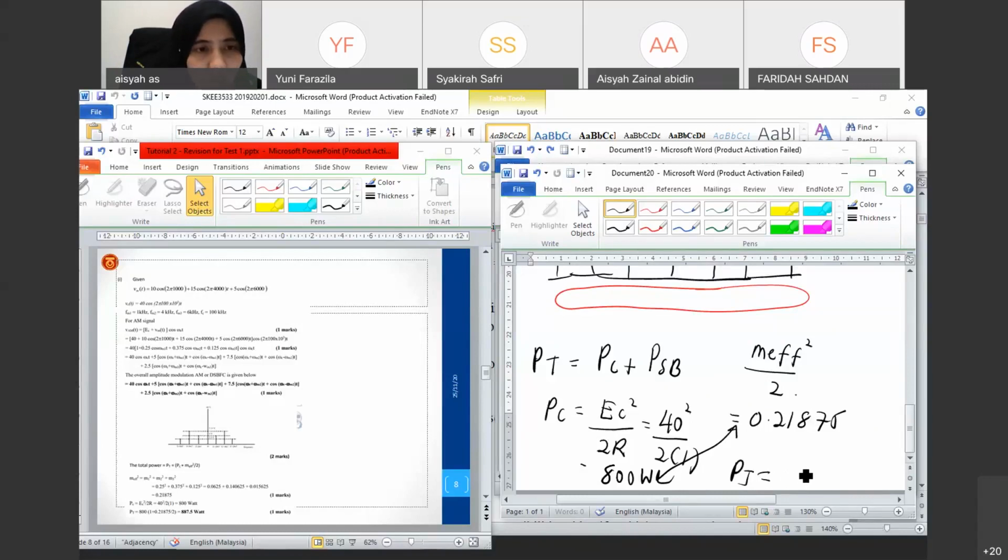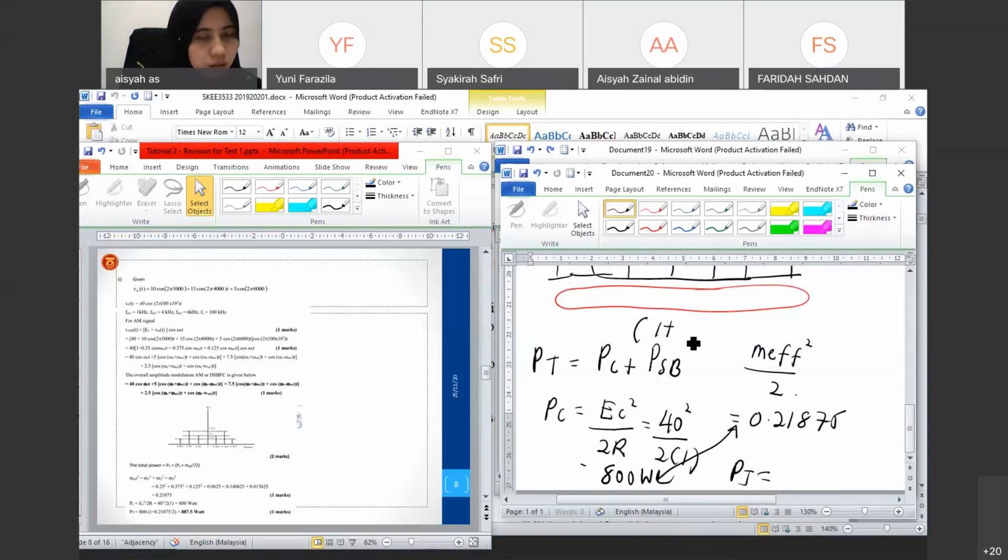What is your answer? I got 887.61. How did you solve it? I use PT equal to PC times bracket 1 plus M squared over 2.